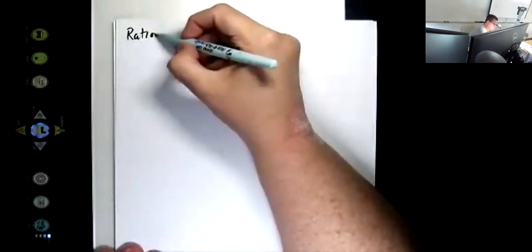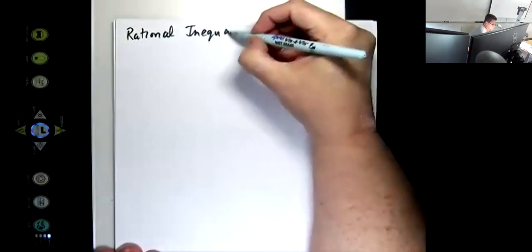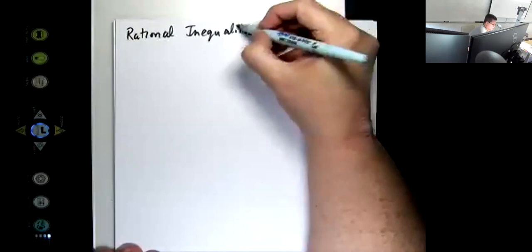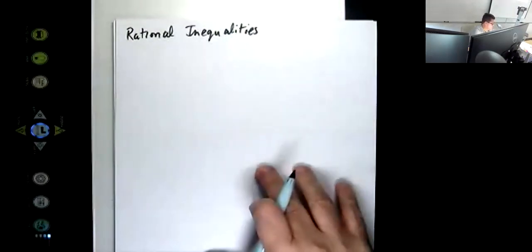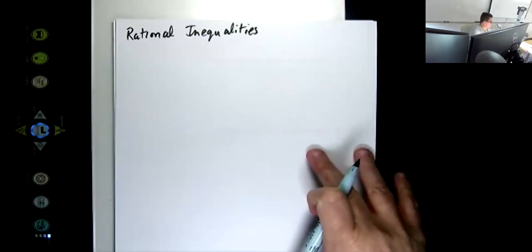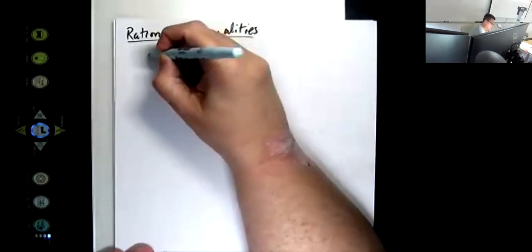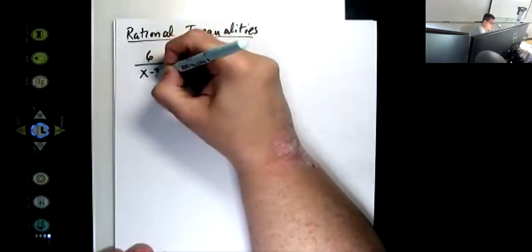Alright, so rational inequalities. So, example. 6 over x minus 3 is greater than or equal to 4.